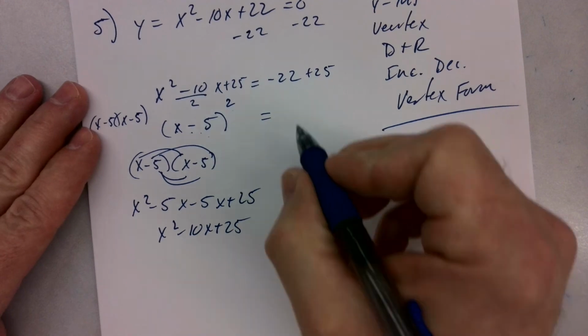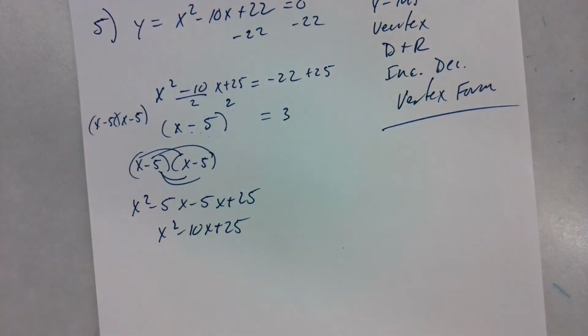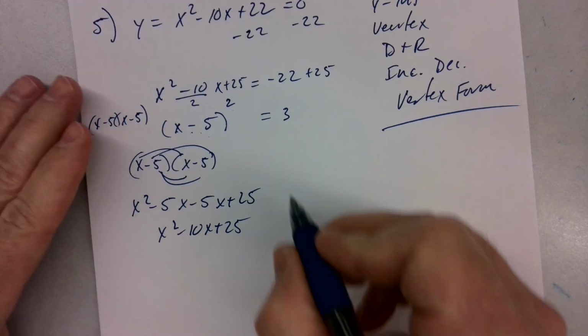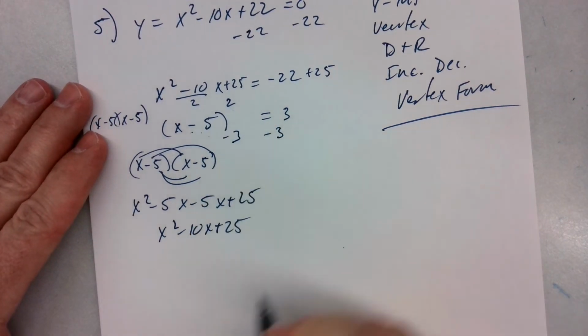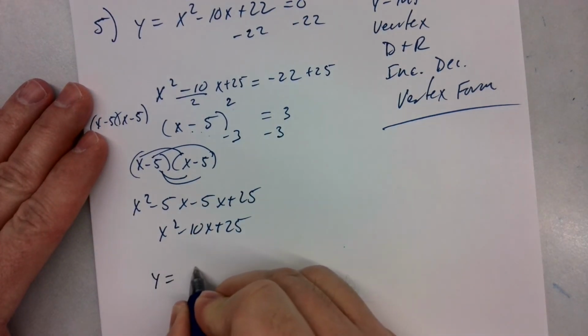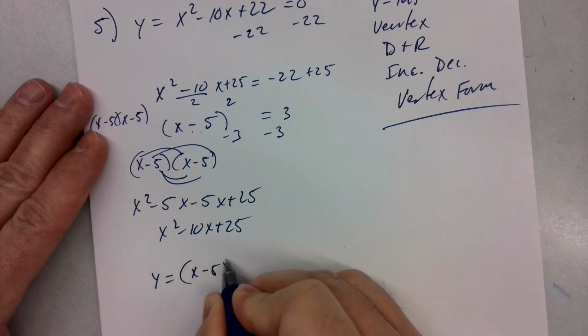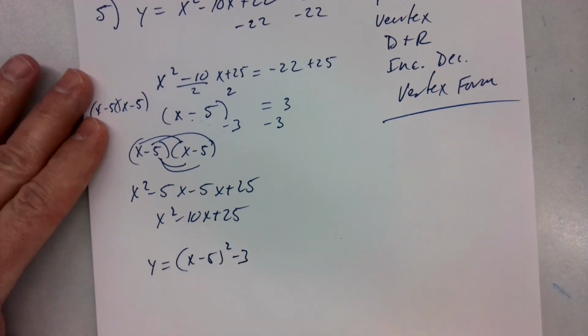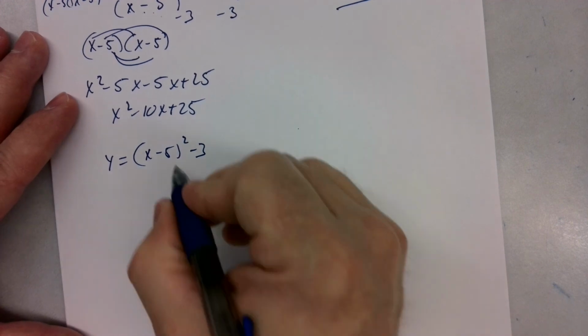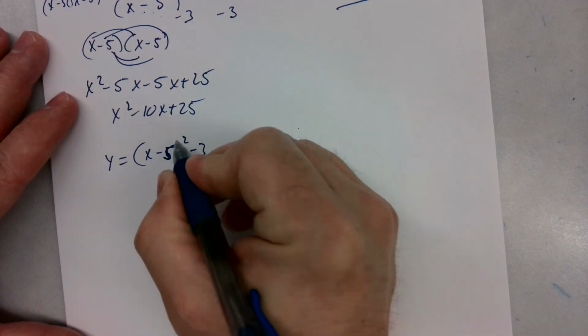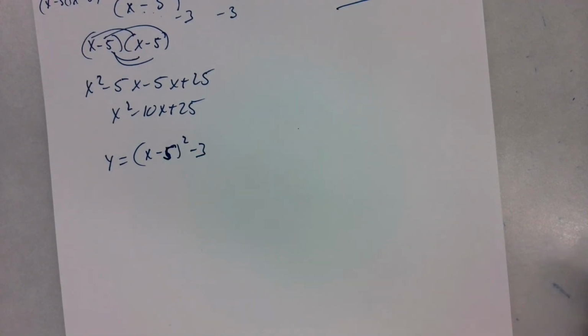Then this is going to be plus 3, right? Correct. Then I move it over, minus my 3, and I get y equals x minus 5 squared minus 3. This is now basically where I started last time.